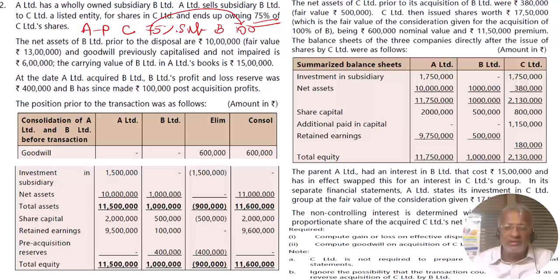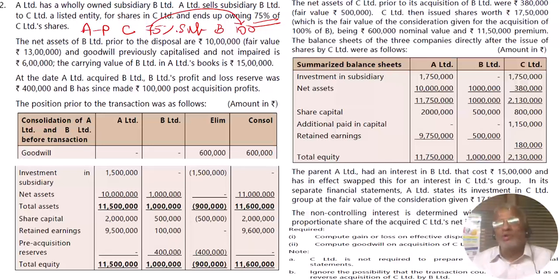though the question was given with computation of gain on sale and goodwill on acquisition of C Limited, that is what they have given. But we can tell for sure that in this consolidated financial statement that we are expected to prepare, A Limited is a parent company, B Limited is a 75% indirect subsidiary, and C Limited is a direct subsidiary company.